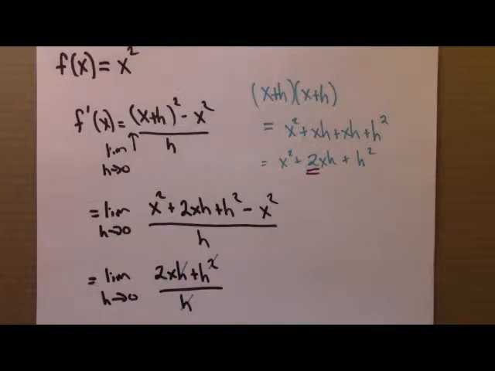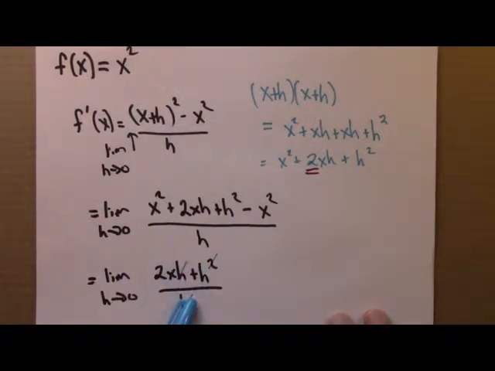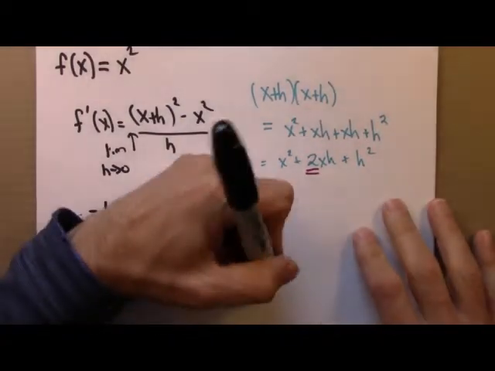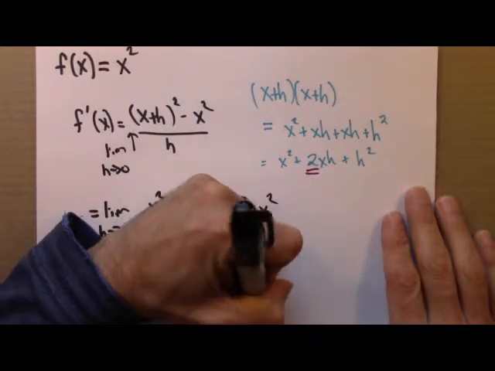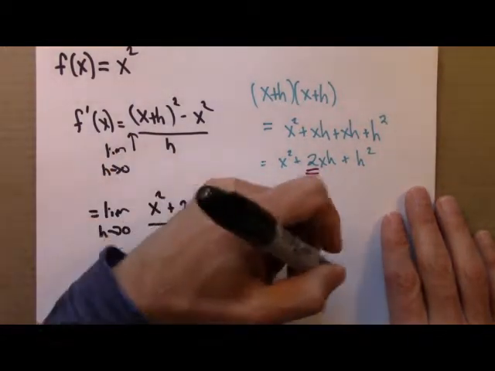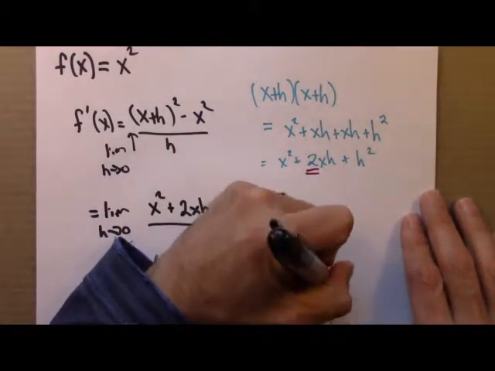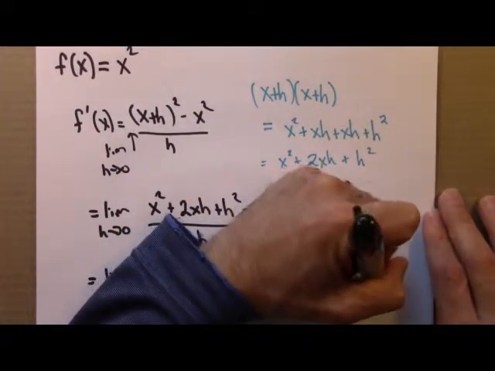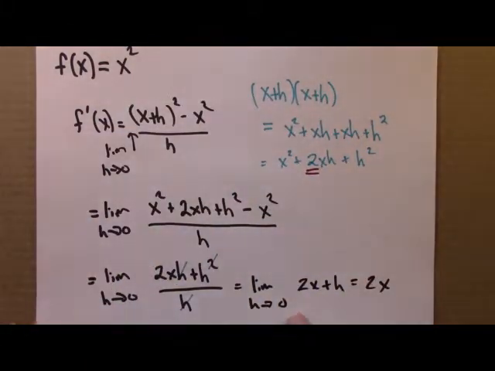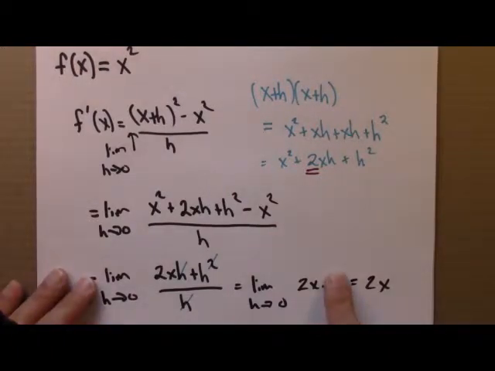So remember, if I divide by h, I have to divide all terms by h, not just one. And that gives me the limit as h goes to 0 of 2x plus h, which is just 2x. So as h gets closer and closer to 0, h goes away, and we're just left with 2x.